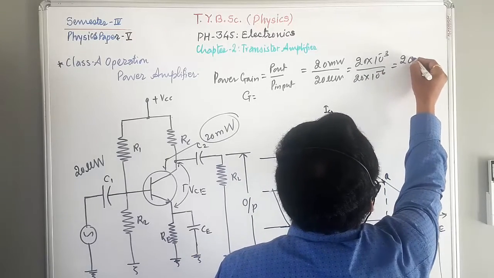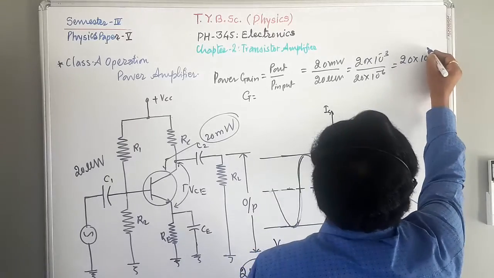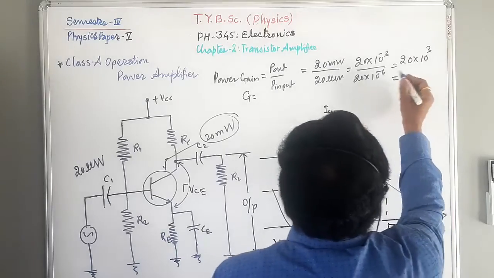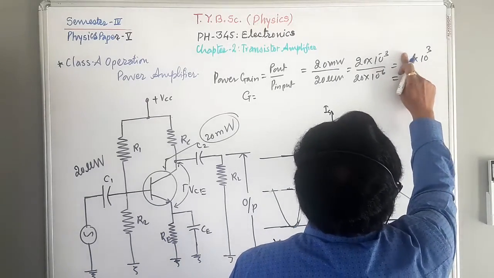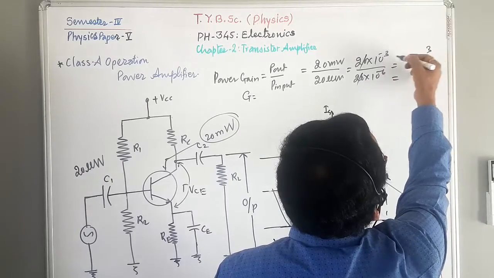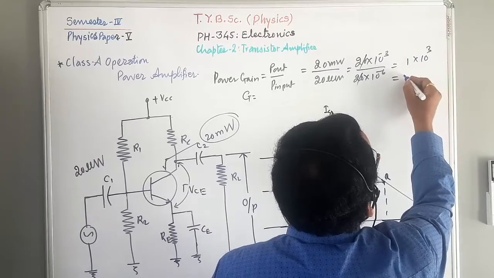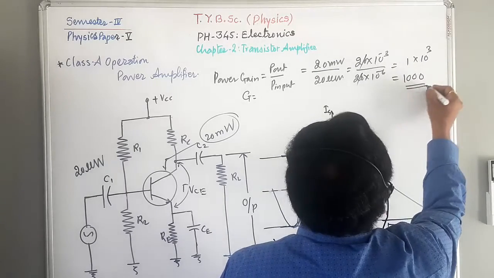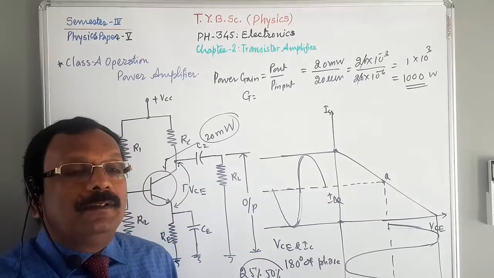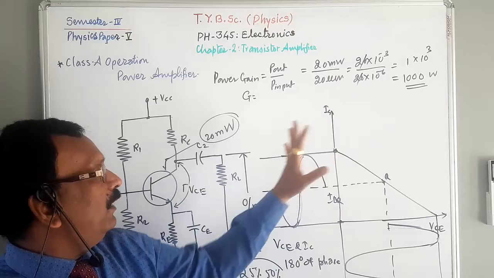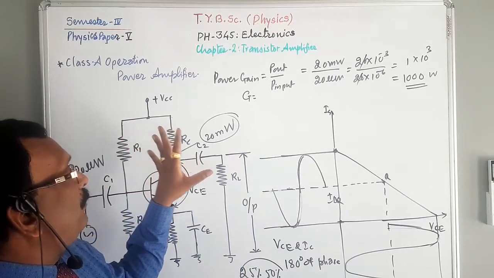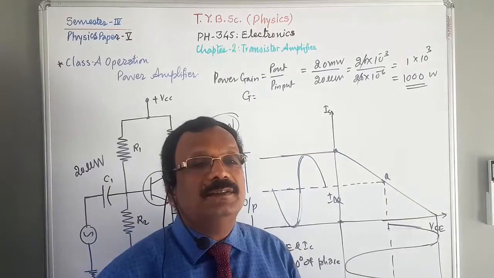The 20s cancel, leaving 10 raised to minus 3 divided by 10 raised to minus 6, which is 10 raised to 3, that is 1000. This is the power gain. The power gain of this class A power amplifier is 1000.